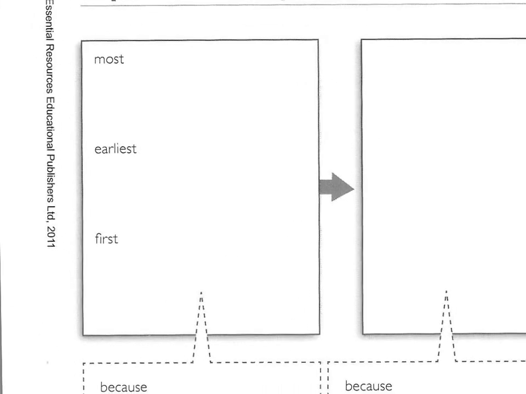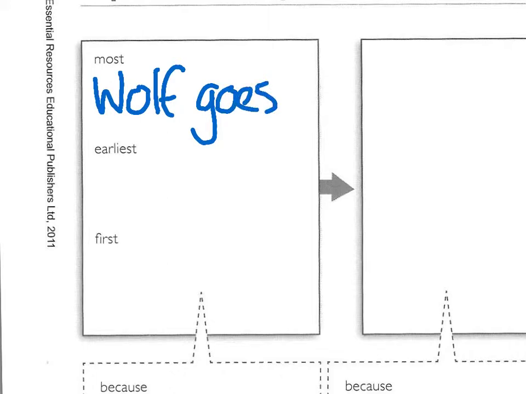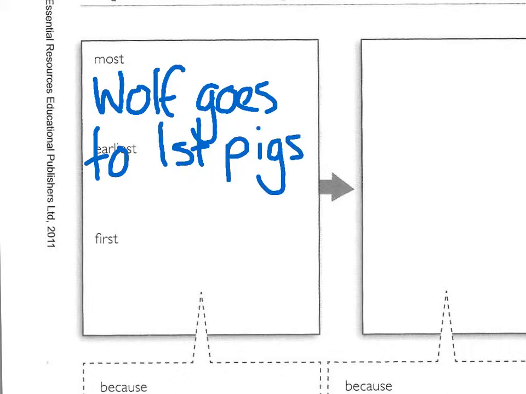The first thing that happens is that the wolf goes to first pig's house. And depending which version you read, and we're going to read the nice version, the first pig escapes.